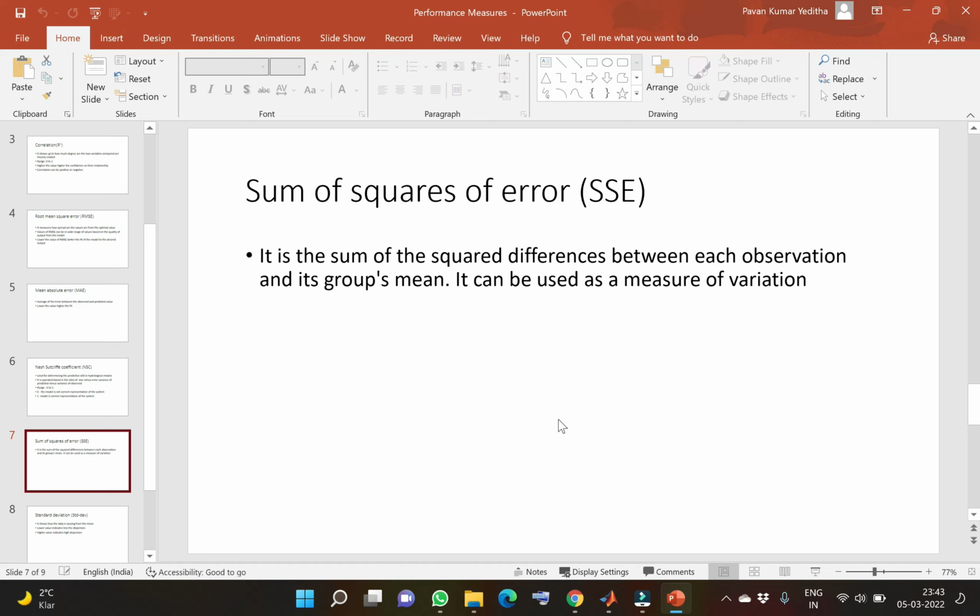When you square it and sum it to understand how there is a difference between that observation and its mean, that is what is sum of square of errors. It's like it observes the error difference comparing it to the mean. The main purpose is to understand how it is varying from the mean value of the data set. That is why to understand this concept we use SSE.